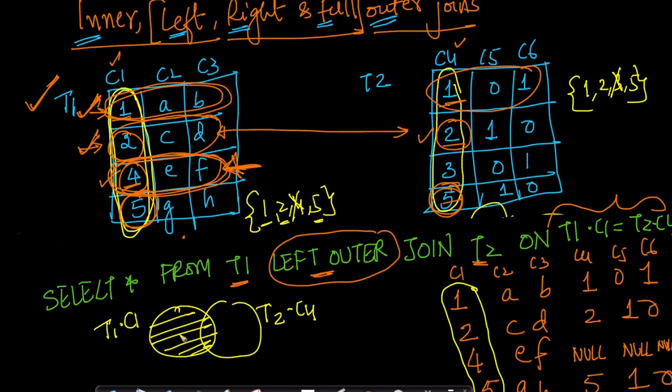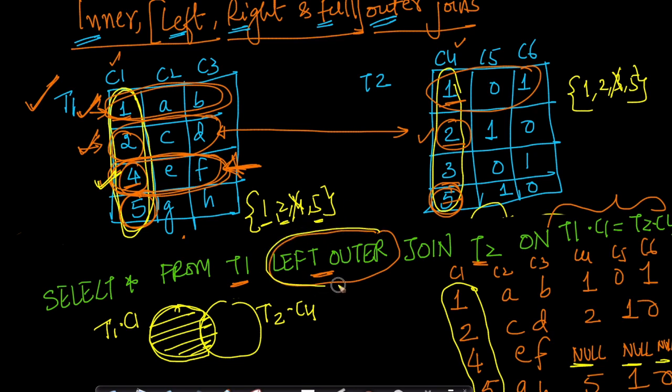Wherever they don't intersect, like this row, this region does not intersect with T2.C4, we still fill it in and just fill null values here. Very simple.